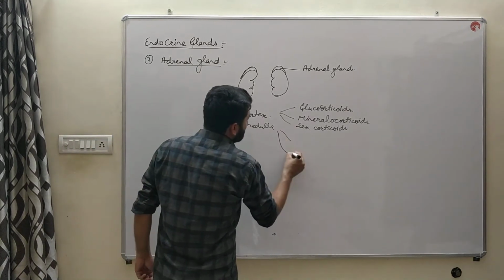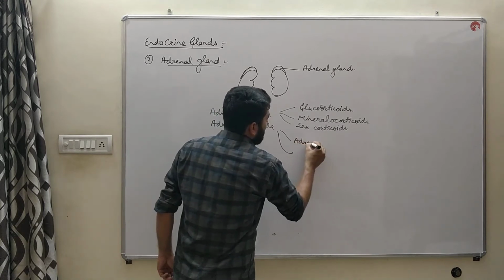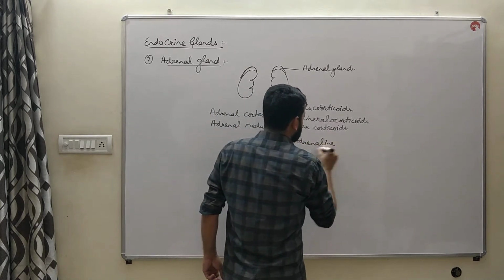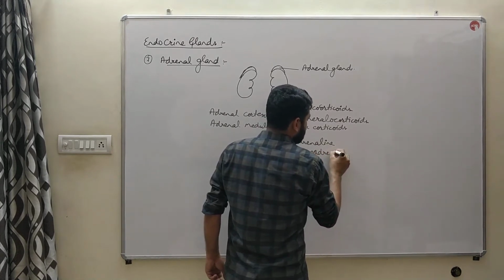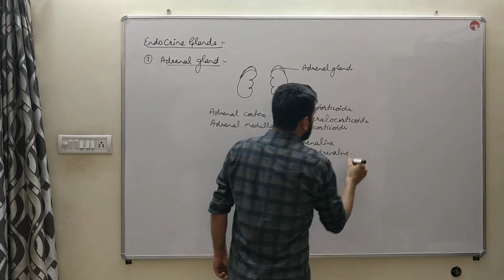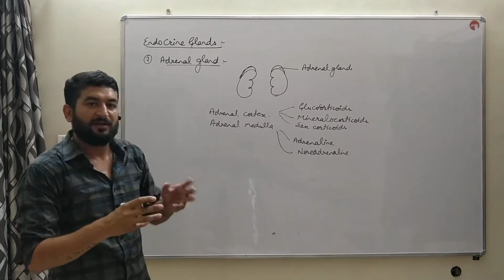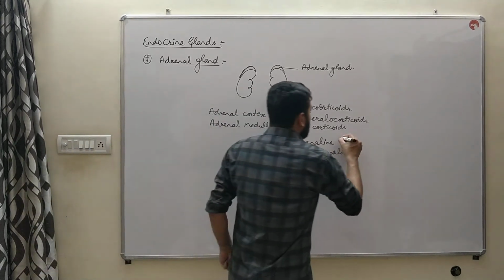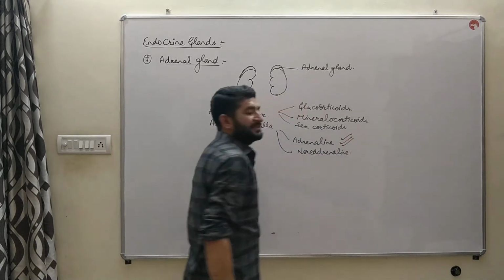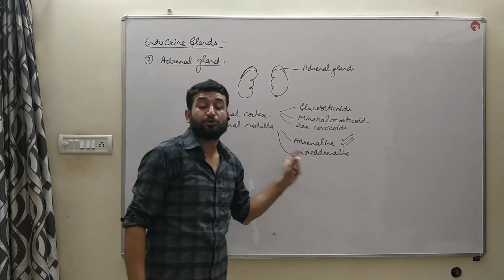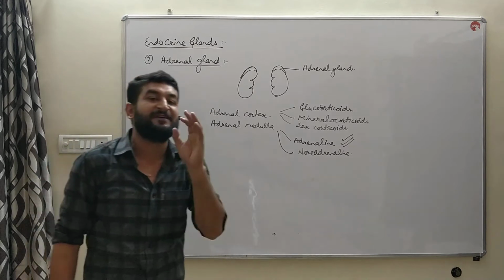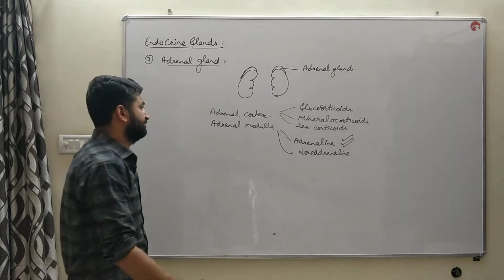Adrenal medulla secretes two hormones, adrenaline and noradrenaline. Norepinephrine or epinephrine also are their names. Only adrenaline is in our 10th class syllabus, so you can leave all these other hormones but focus on adrenaline very carefully. It is a very, very important hormone.